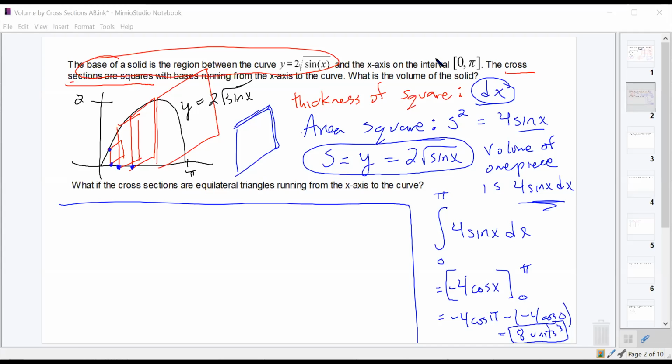Okay. No questions there? What if instead of having squares as the cross sections, we had equilateral triangles? So that would mean that, let's do this in a different color, everywhere across here, I've got an equilateral triangle sticking straight up, which is going to give us some sort of object that's got a curved ridge to it at the top here.